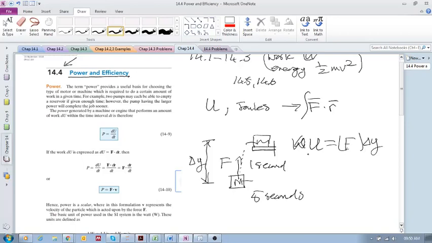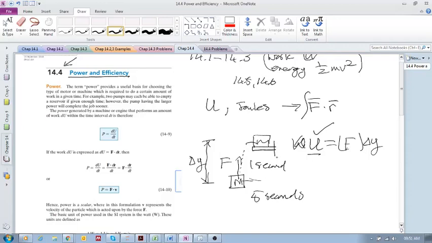We have done exactly the same work. So it takes me 5 seconds, it takes you 1 second. Both you and me have done exactly the same work, because work is defined by force times the displacement. However, you've done it much more quickly than me.